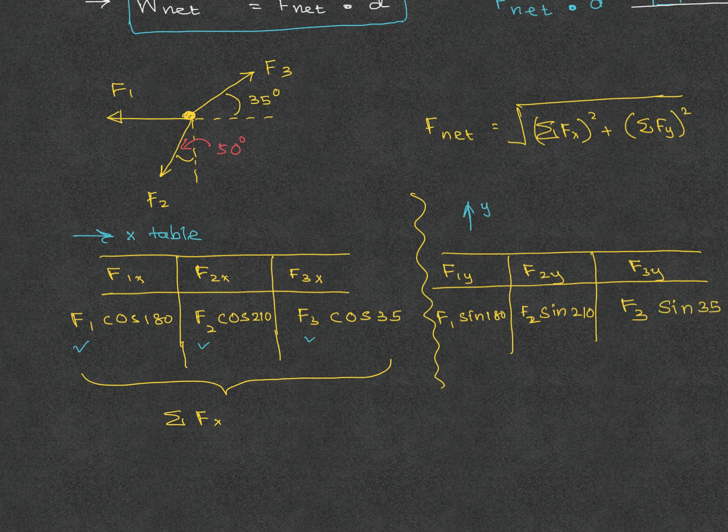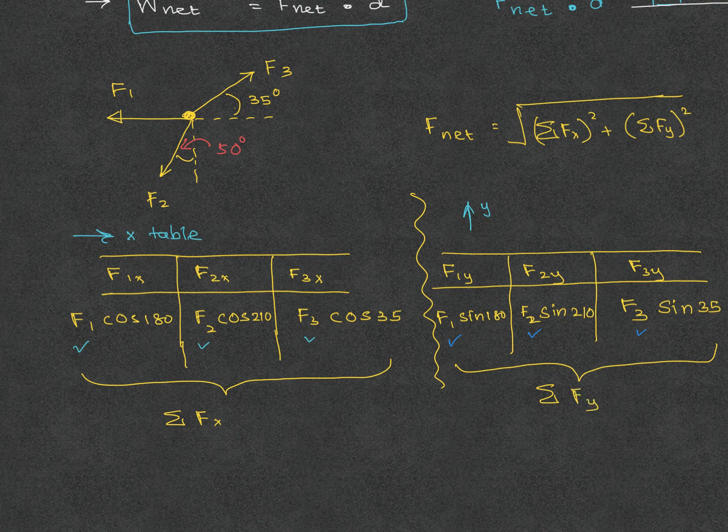And then once again substitute for F1, F2, F3 and multiply that by each of the sine values that you get, and then you can sum it up, and this is where you get the sum of Fy.